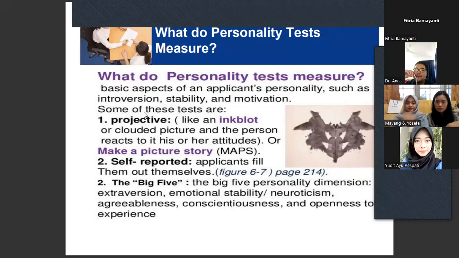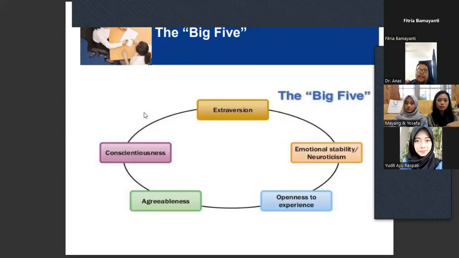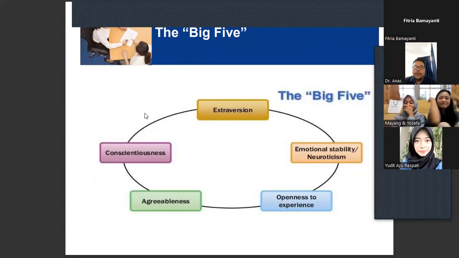So, next slide. Okay, so these are the Big Five. What is the Big Five? The Big Five is basically related to the personality test.